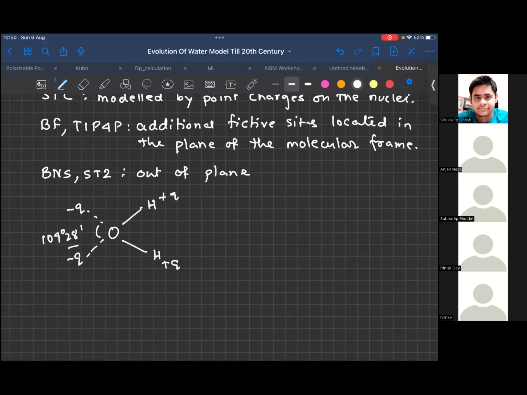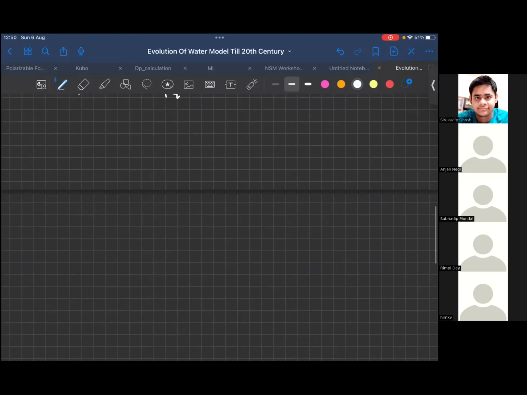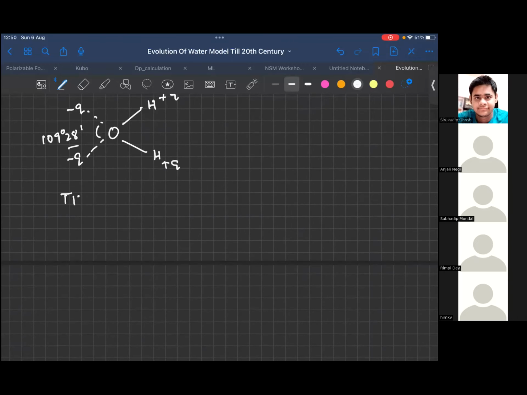So in that context, some water models come where the repulsion and the dispersion terms are treated separately. One water model I can mention is TIPS, in which they tried to separate the repulsion term and the dispersion term.